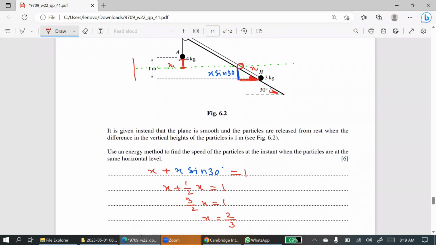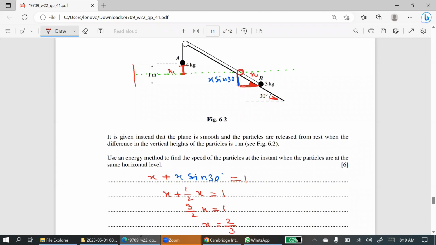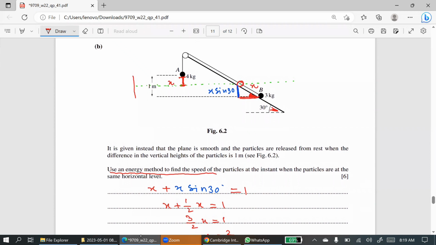Now use the energy method to find out the speed of the particles at the instant when the particles are at the same horizontal level. Consider the particle A. There is a loss of potential energy in the particle A as the height has decreased, but the velocity of the particle A has increased.